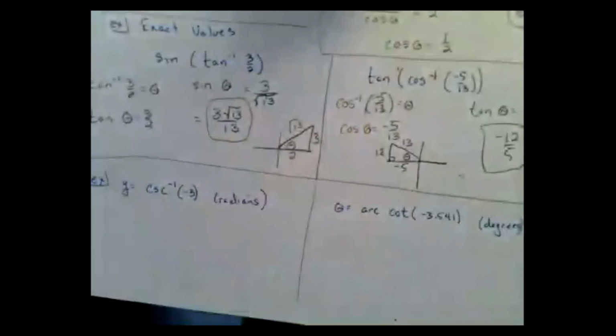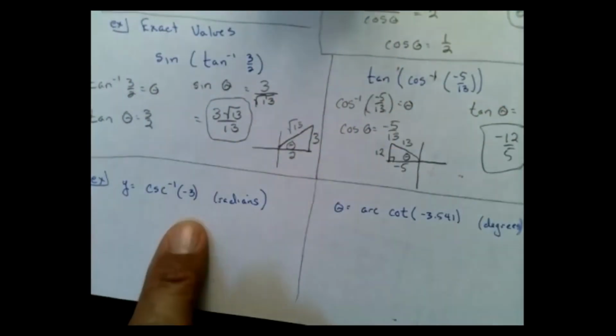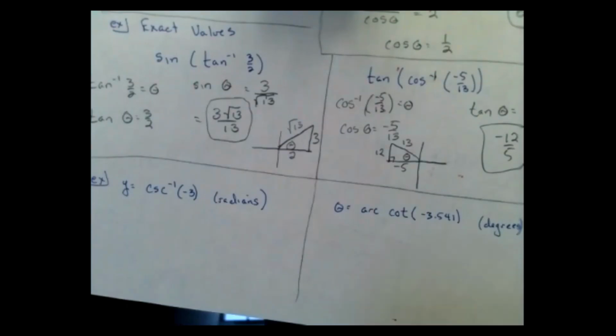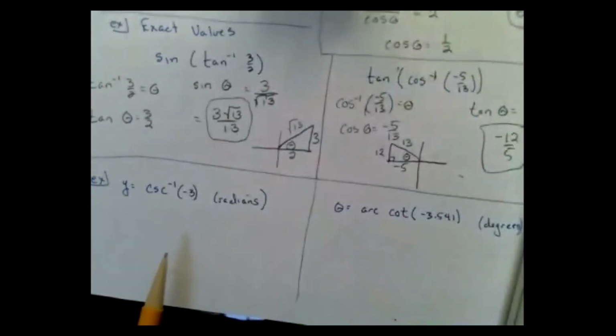All right, so this says exact values for both of these problems. This one does not. Let's see if we can calculate this on the calculator since we already have it out. I'm going to do some work first.